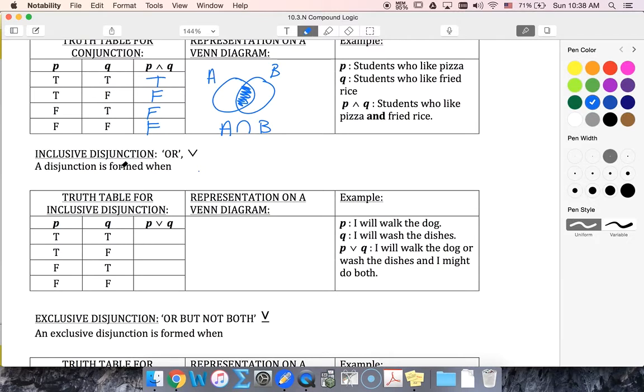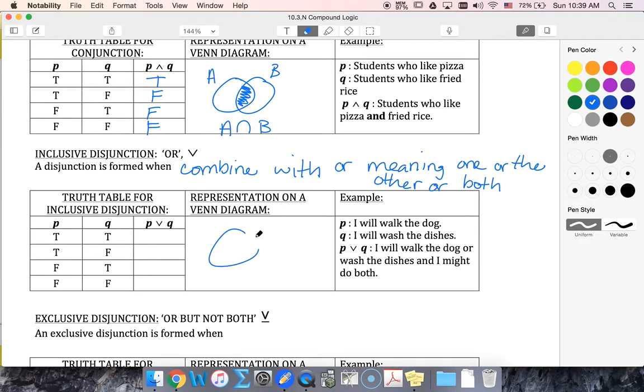So disjunction is formed when we combine with or, and we mean one or the other or both. So thinking about how this combines with our Venn diagram, this is like our union symbol.